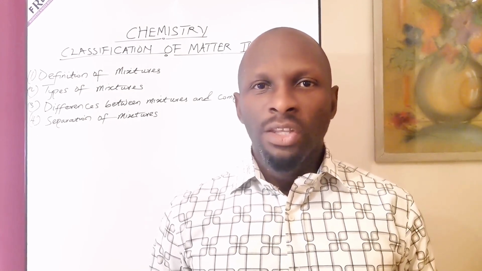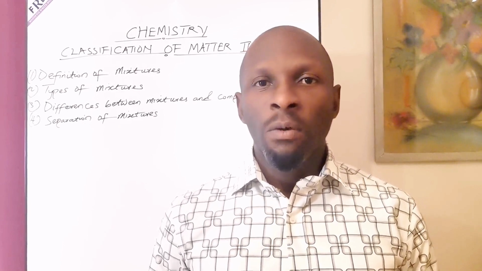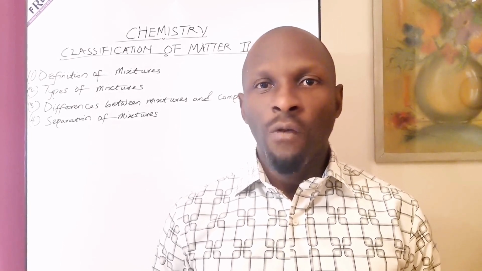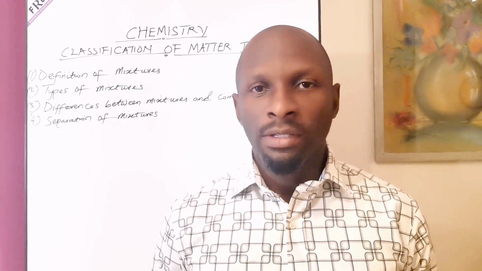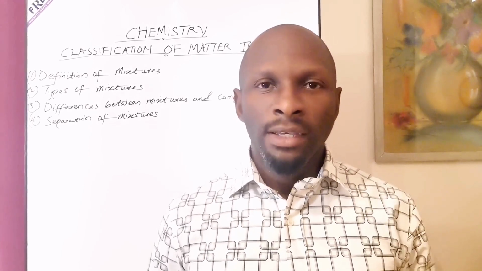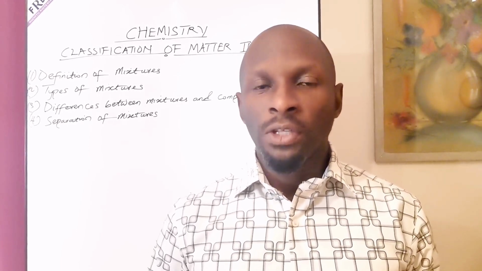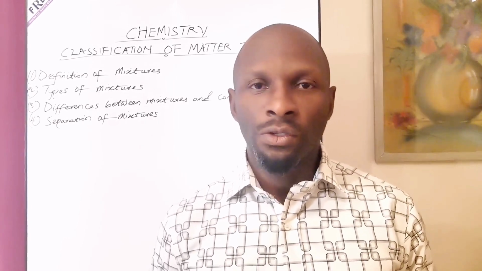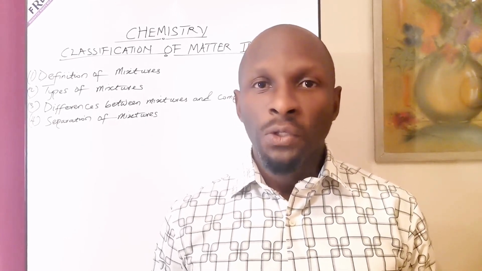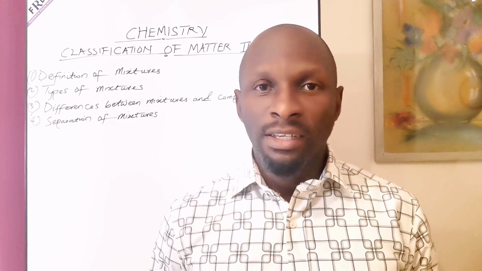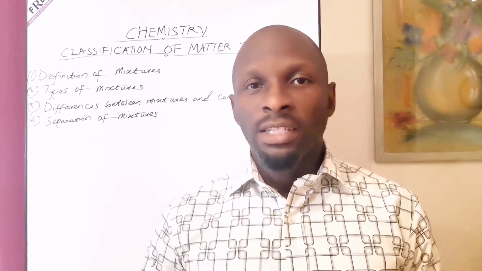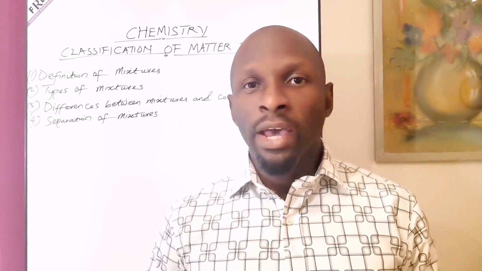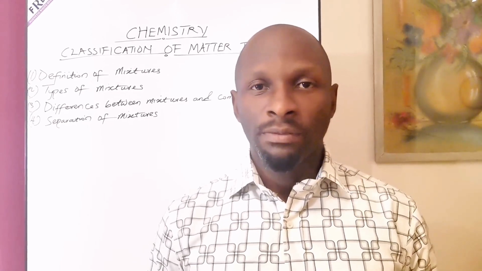In today's lesson, we would be looking at the second part of the classification of matter. In our last lesson, we looked at the first part, where we said that matter can be classified into pure substances and mixtures. We focused on pure substances in that lesson, and we went on to define pure substances. We classified pure substances into elements and compounds.